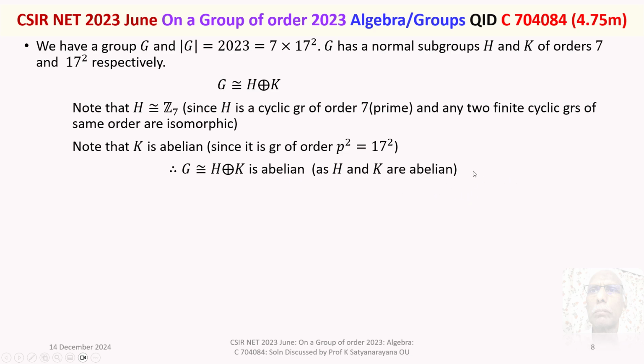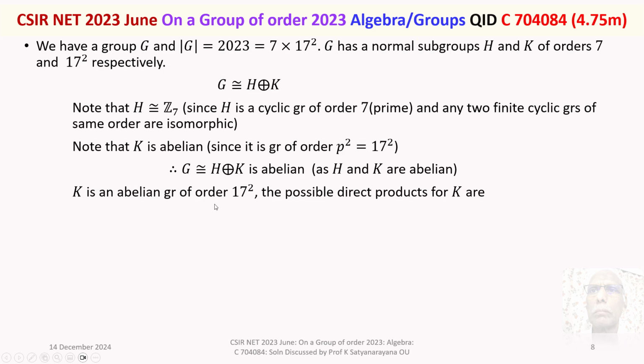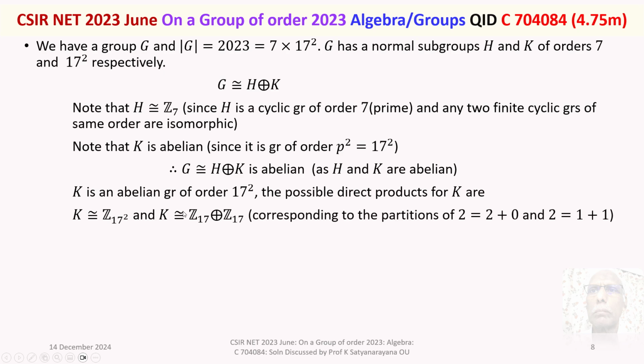This is over by this time. To answer whether it can be cyclic or not, we have to extend our argument. Now, K is an abelian group of order 17 square. Then what are the possible direct products of K? K is isomorphic to Z17 square, or K is isomorphic to Z17 ⊕ Z17.